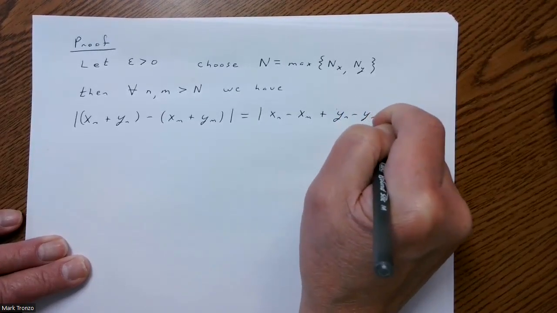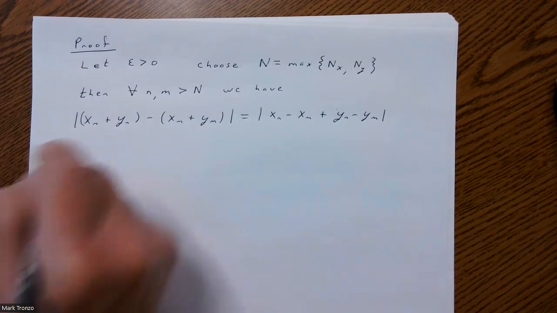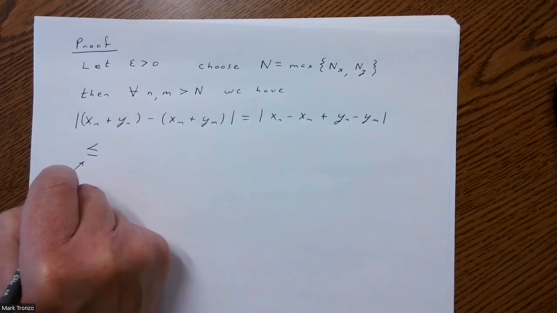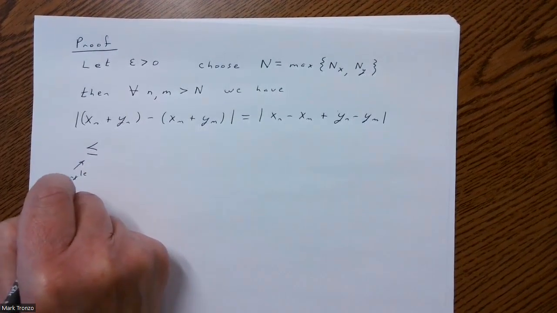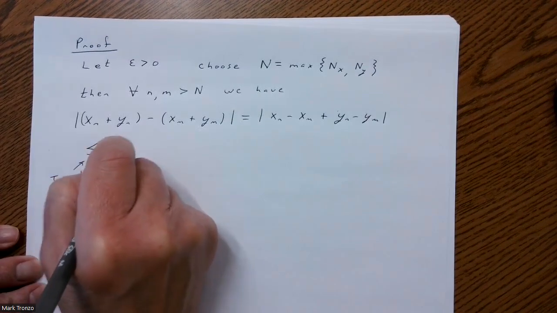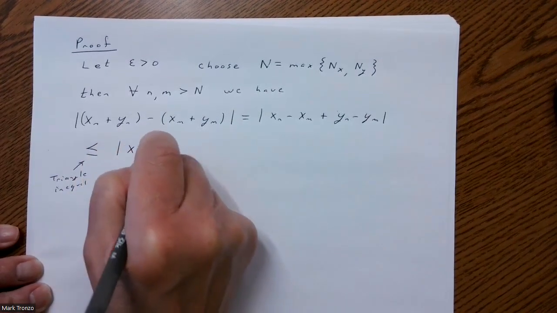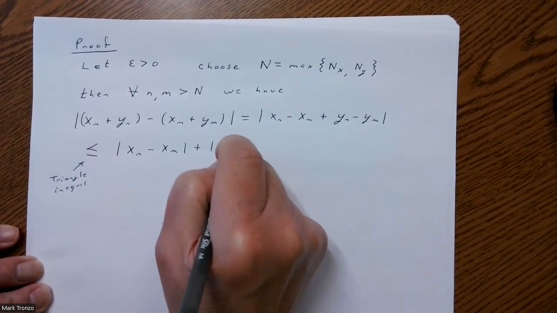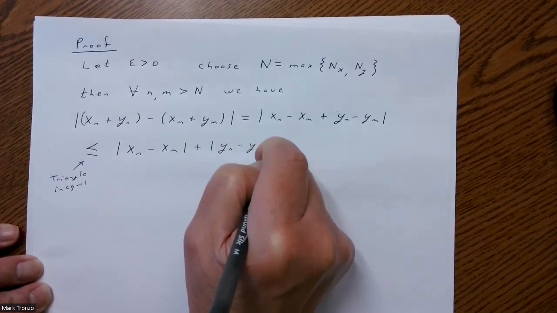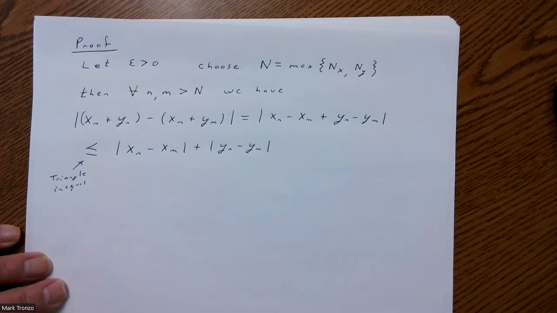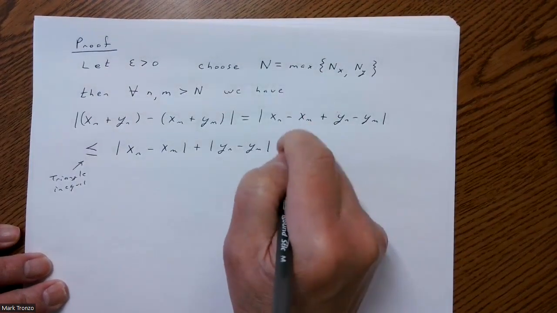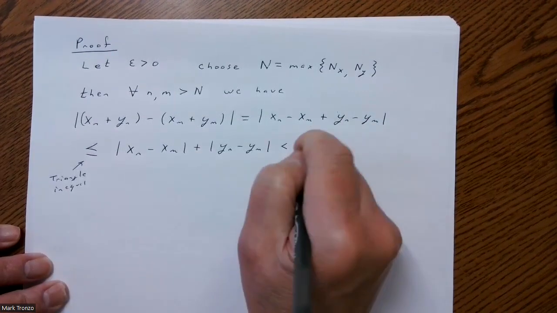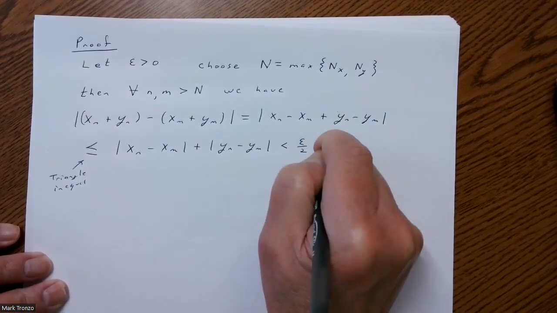Yn, ym. Use the triangle inequality. Then this will be less than epsilon over 2.